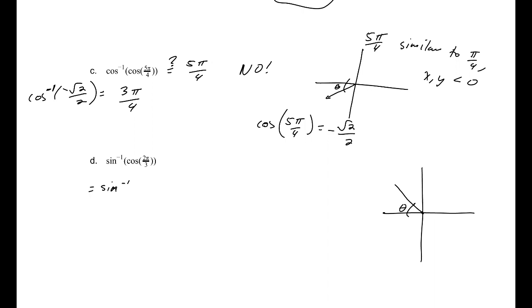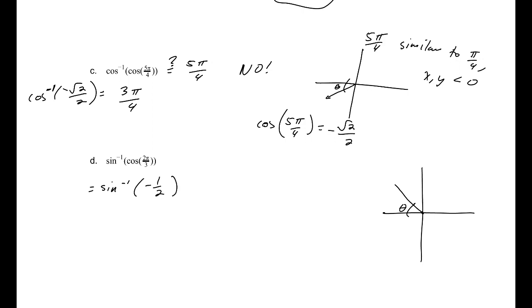If it's pi thirds, then it's going to be 1/2, but it's our x value, so it'll be negative 1/2.